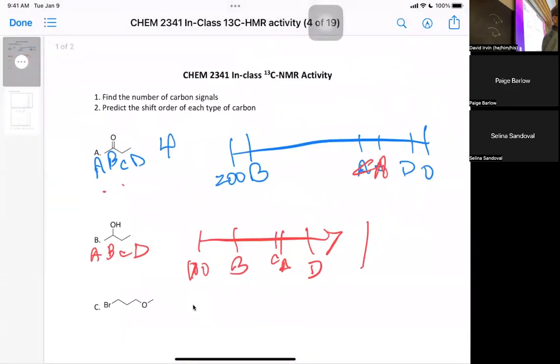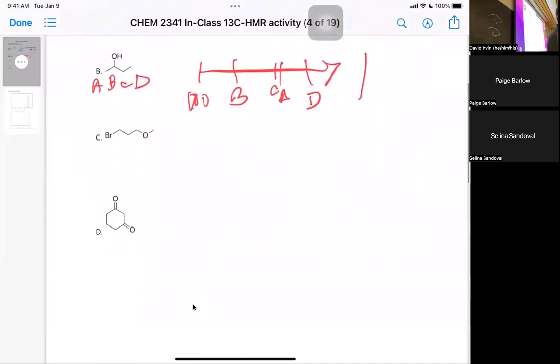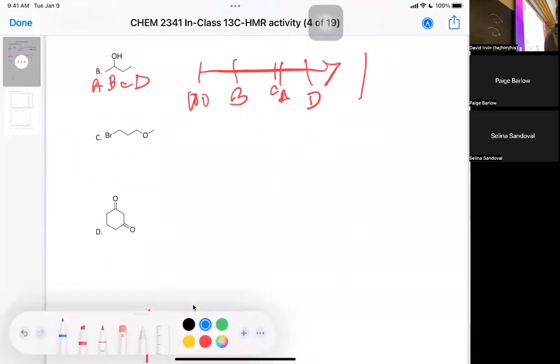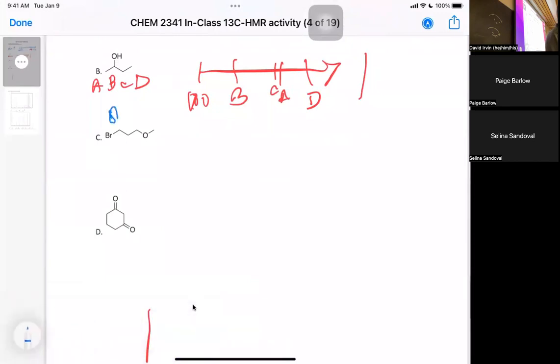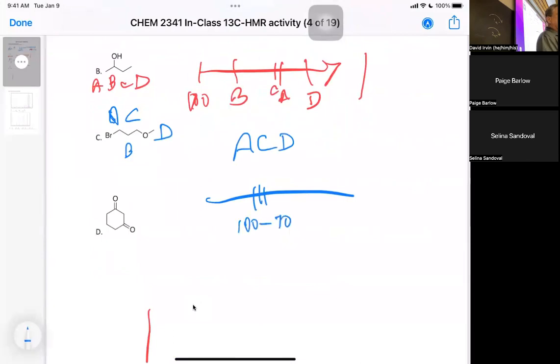So when we do our shift here, we have how many signals, first of all? We have 1, A, B, C, and D. And it looks like A, C, and D are all going to be lumped together at around 170 ppm.